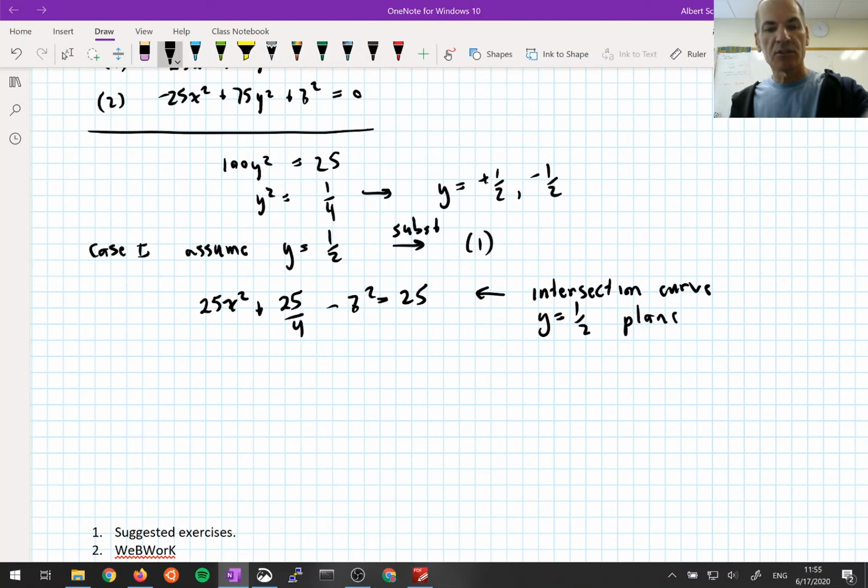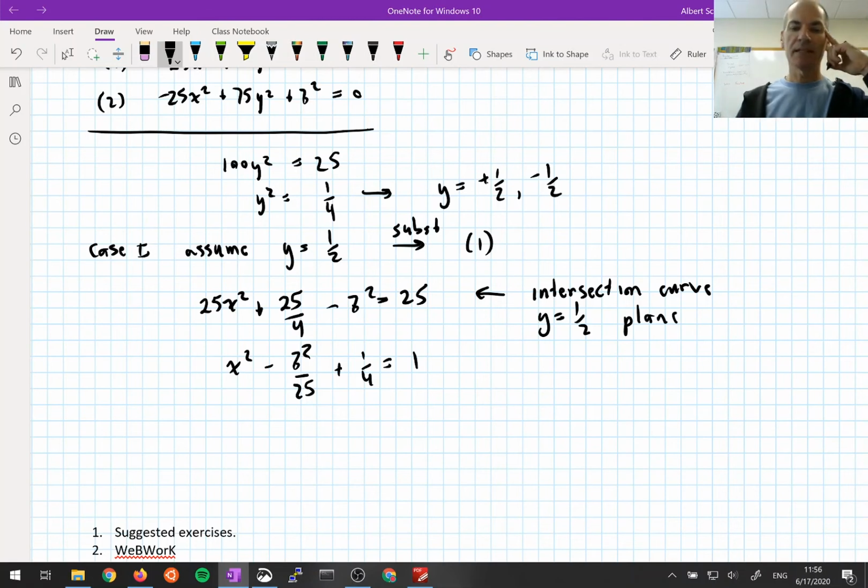Looks like there's, let me think about this a little bit. Let's divide by 25 just to clean this up a little bit. x squared minus z squared over 25 plus 1/4 equals 1, like that.